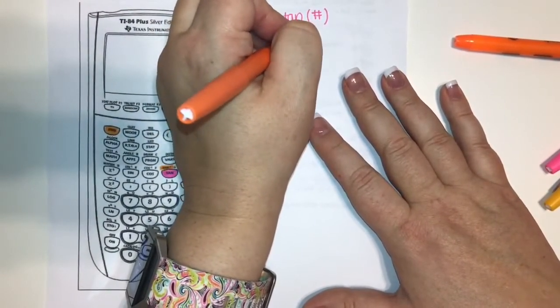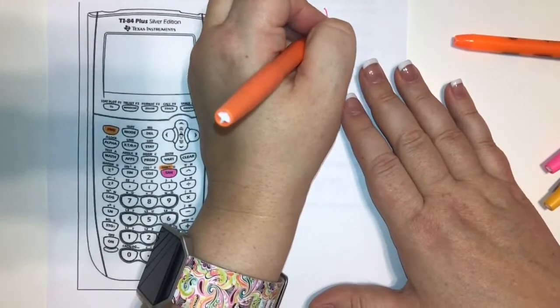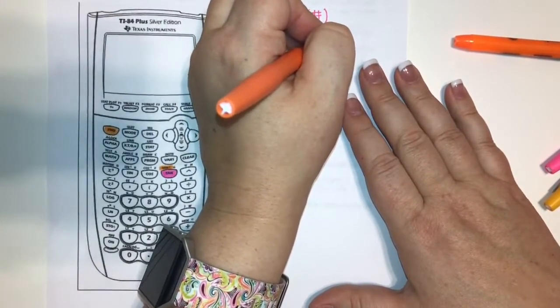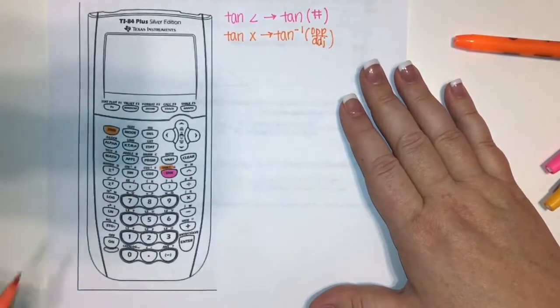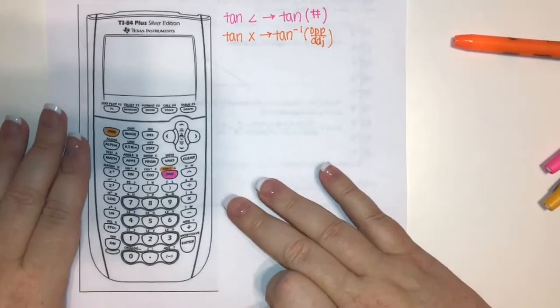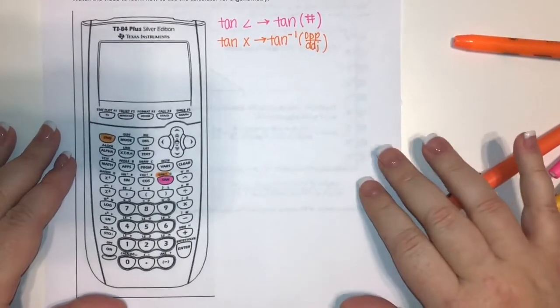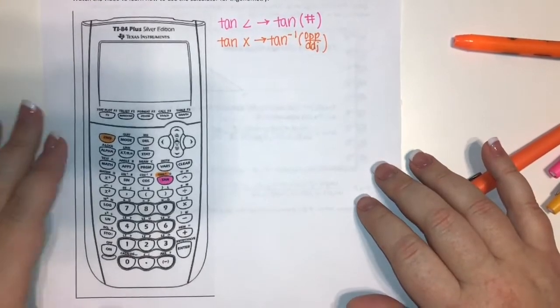So this would be tan to the -1, and then we would do our opposite over our adjacent. Okay? And those are the basic calculator tricks that we're going to use when it comes to tangent.